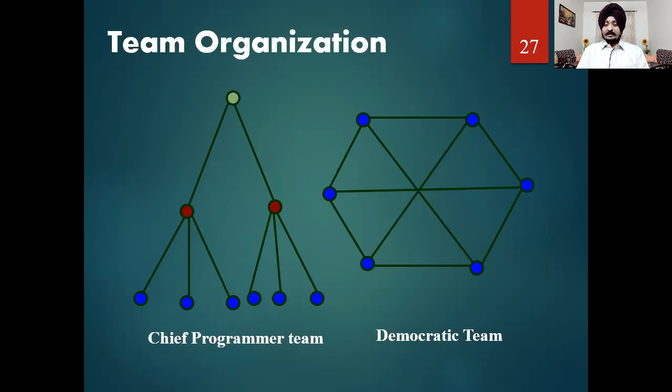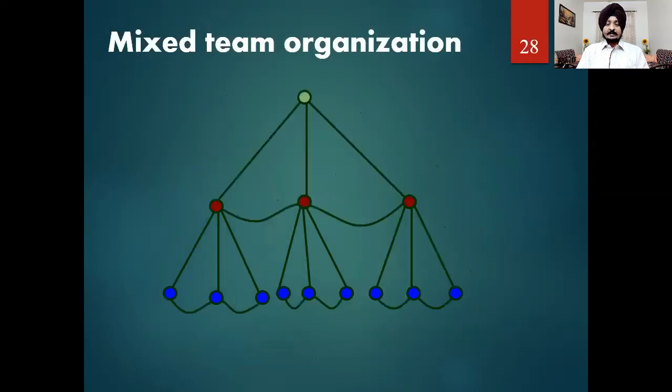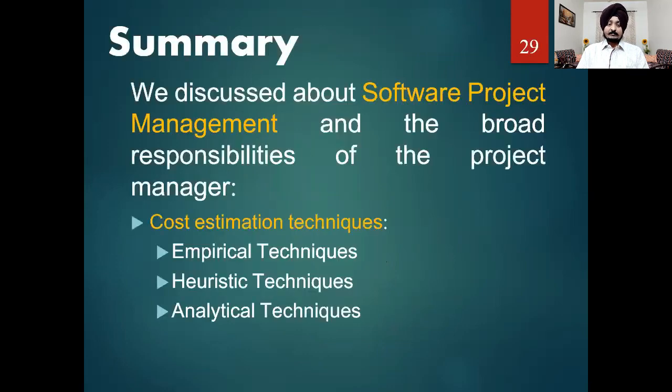But if we look at the democratic team structure, we have different kinds of access to the resources for all people working under a group. So this is more feasible. And in the mixed team organization, again we have a mixture of the democratic as well as the chief programmer team structure. So I think this is more feasible for most organizations.